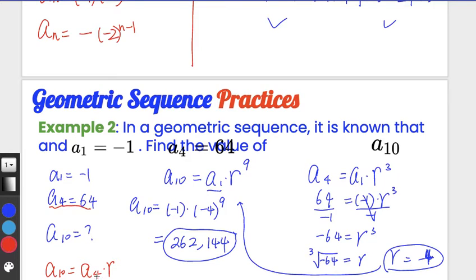From the fourth term, I need to multiply the ratio 6 times, right? You can test if you get exactly the same answer, and trust me, you will. This is just to give you a second option to see how we use the explicit formula in a different way. Now, last question.